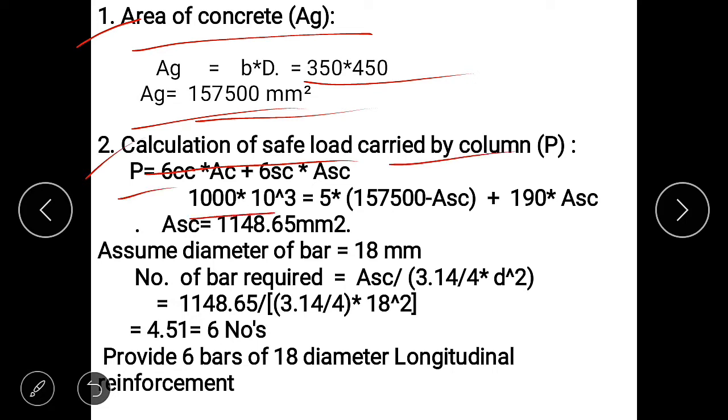Now we calculate the safe load carried by the column. P is given as 1000 into 10 to the power 3 Newton. Sigma cc is given as 5.